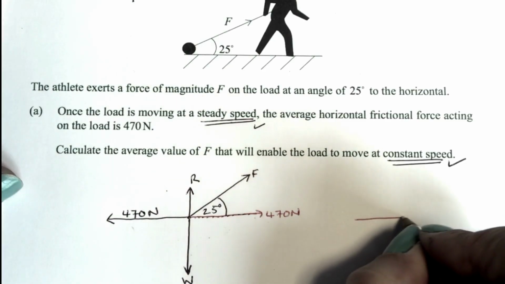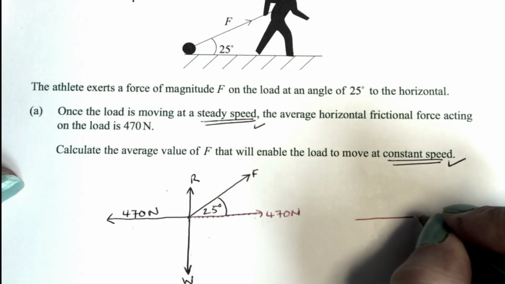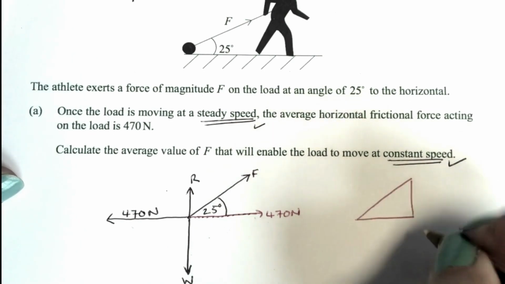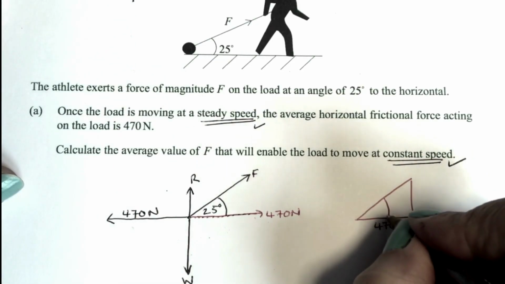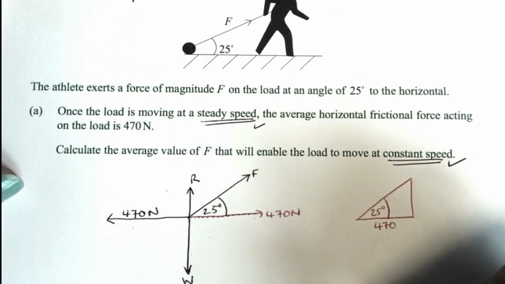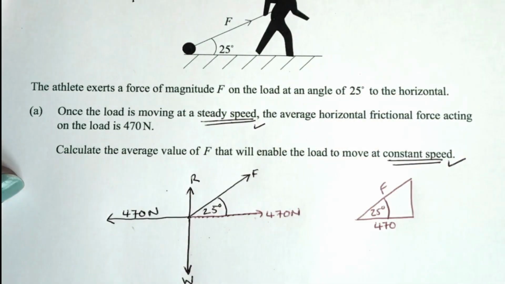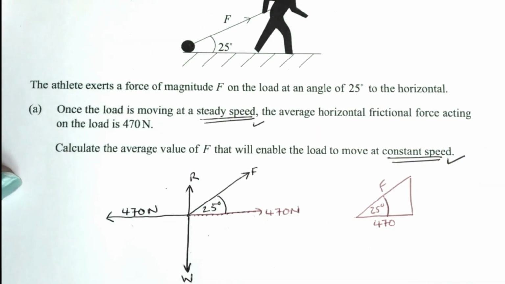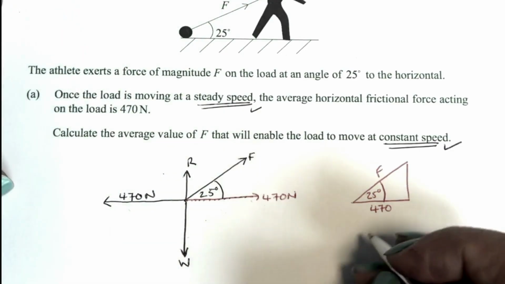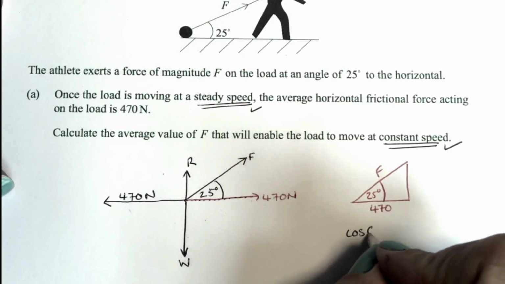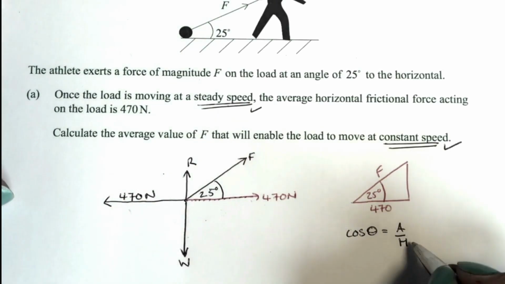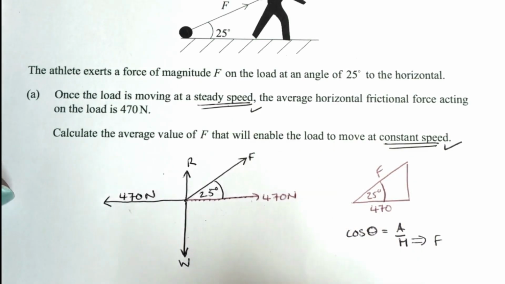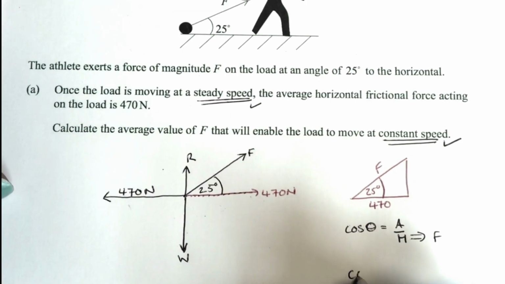That allows us to create a right angle triangle with 470 newtons on the adjacent side. The angle is 25 degrees and the hypotenuse is F. We can then use trigonometry, or SOHCAHTOA as some people know it, to work out the value of the hypotenuse, which we also call F. So let's substitute our values in.